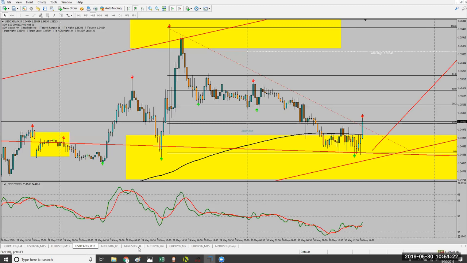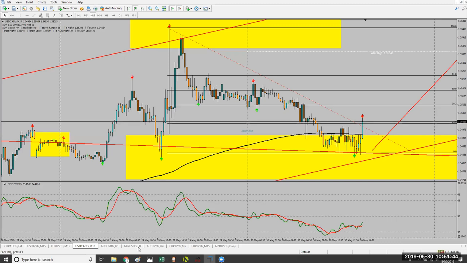I'm bullish on the New Zealand USD, but I want price to come down a little bit more. It'd be a buy limit, and price is at 0.64825.